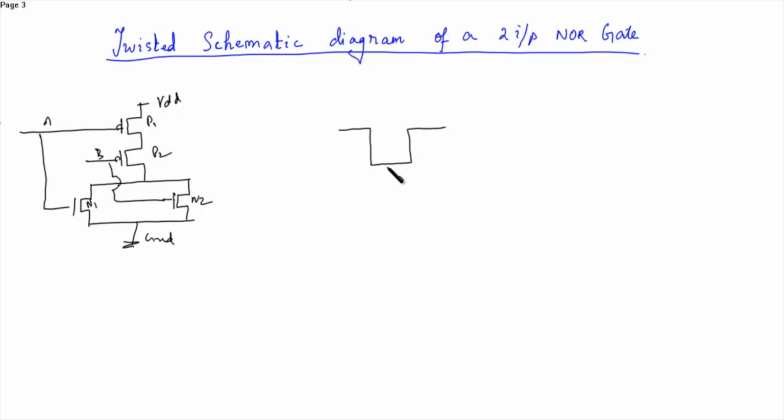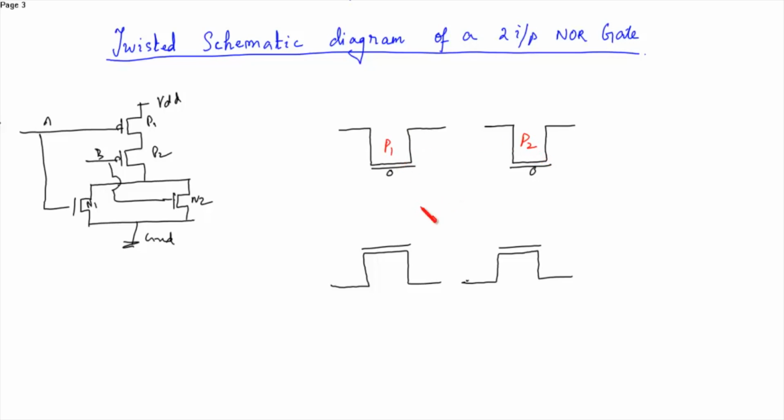So this is P1, this is P2, this is N1, and this is N2.